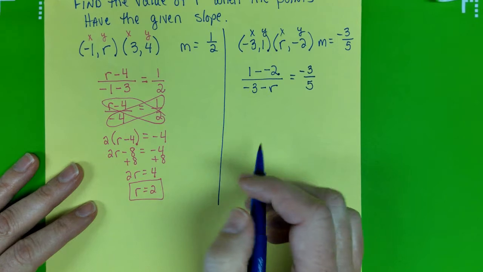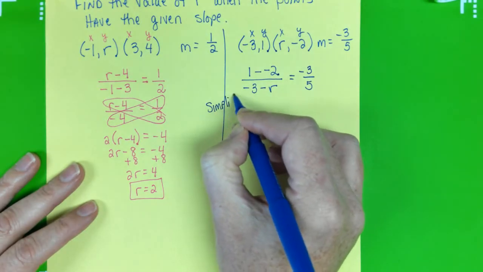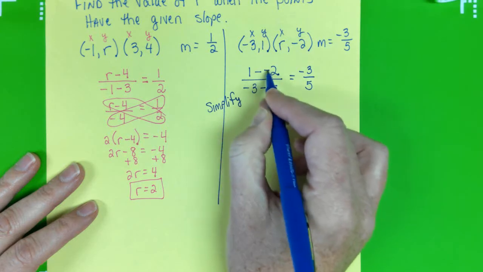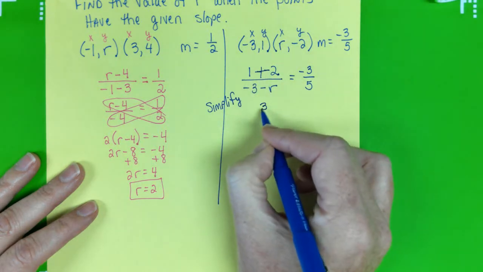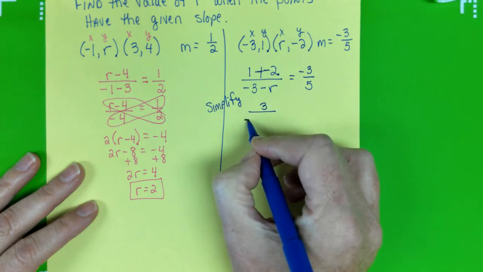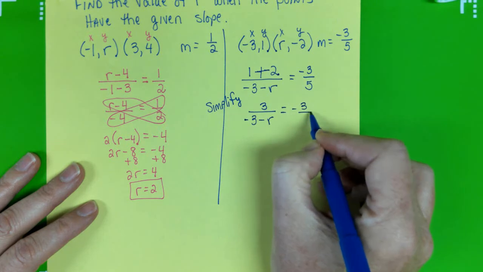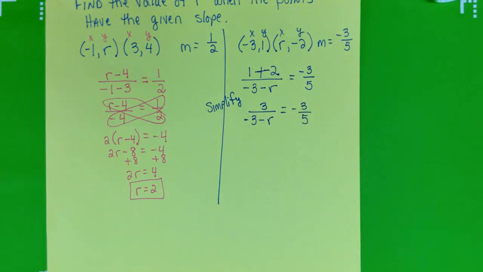Okay, now let's simplify what you can. So here on top, I can change that to 3 over -3 minus R equals -3/5.